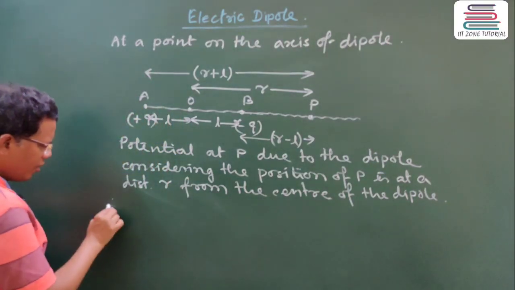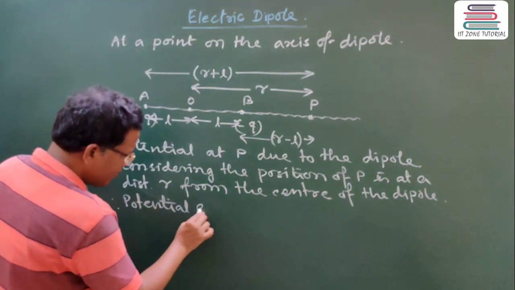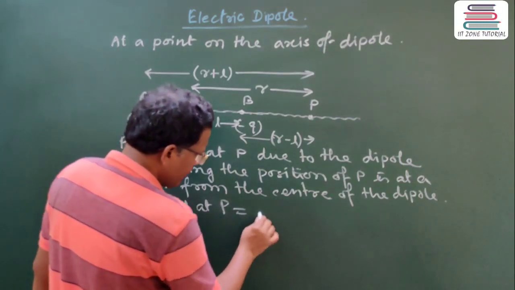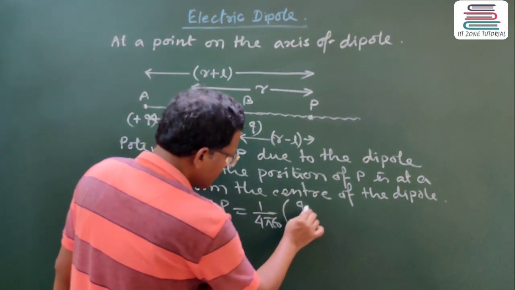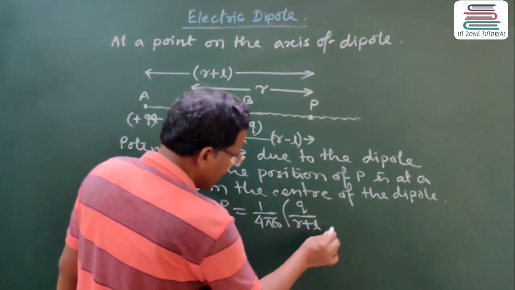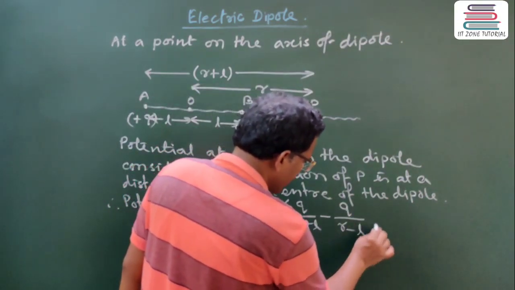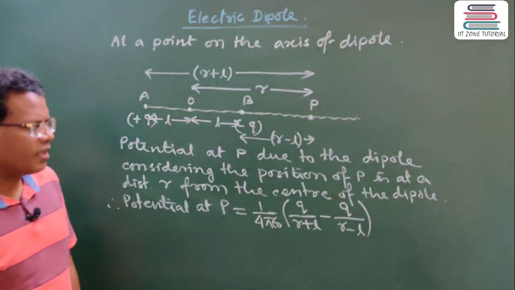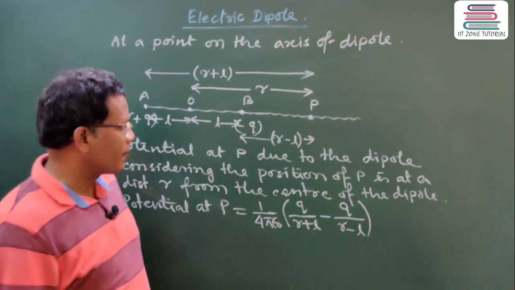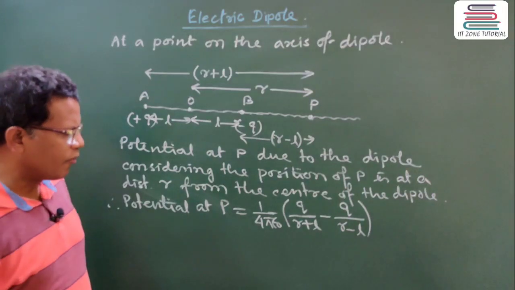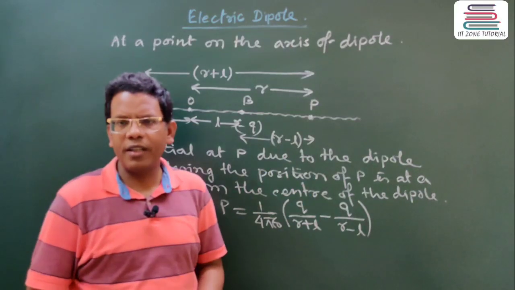Therefore the potential at P can be written as 1 by 4 pi epsilon 0 times plus q divided by r plus L minus q divided by r minus L, because the potential due to one point charge is kq by r, where k is 1 by 4 pi epsilon naught, q is the fixed charge, and r is the distance of the point from the fixed charge.